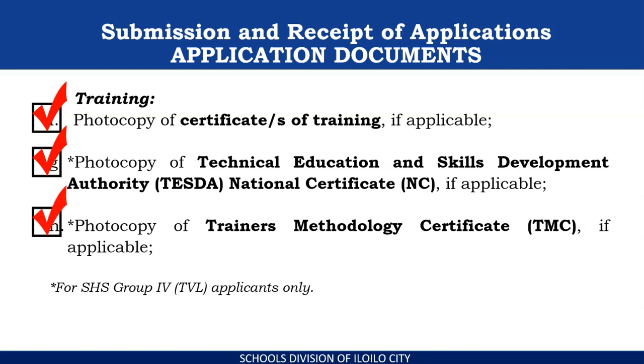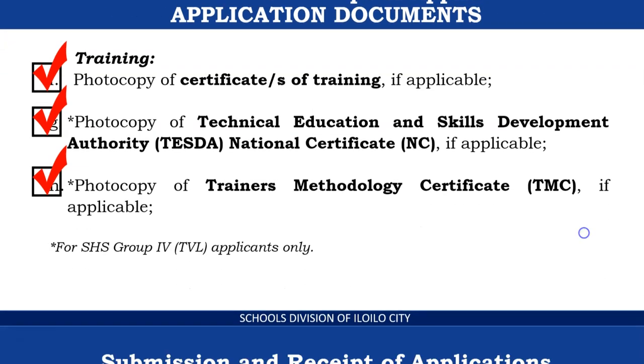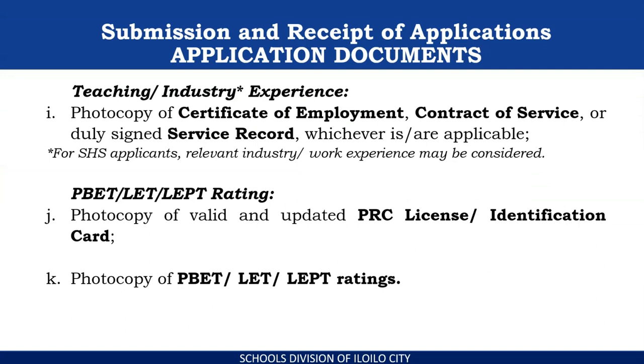Photocopy of Trainer's Methodology Certificate, if applicable. For those with experience, a photocopy of Certificate of Employment or Contract of Service or duly signed service record, whichever is or are applicable. For senior high school applicants, relevant industry or work experience may be considered.